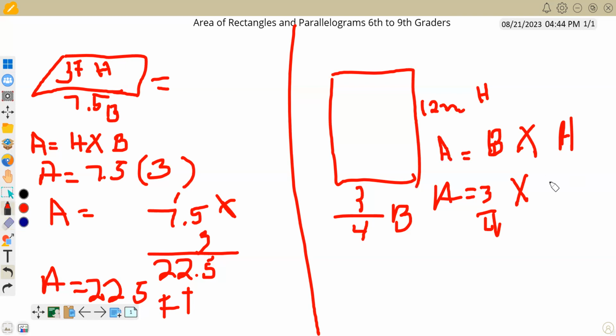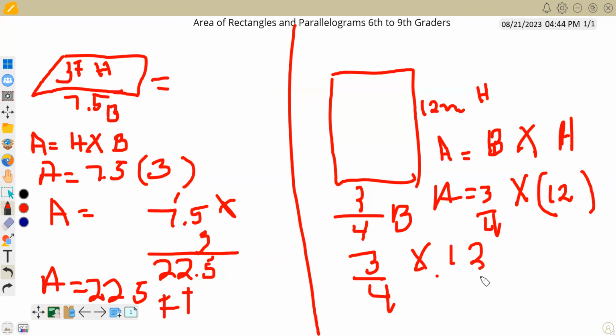Okay, times, or we can use the parentheses, 12, okay? And if we regroup our numbers, it will be 3/4 times 12. There is nothing under 12, so we're going to use 1.